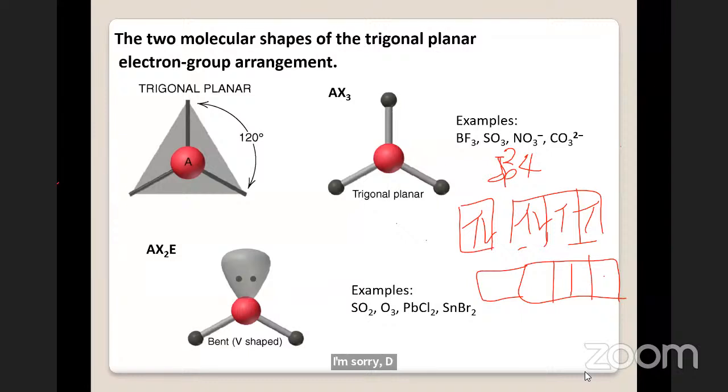So you will have a promotion of this electron here, and you will have sp3d. You have a promotion of that electron. You have an sp3d.